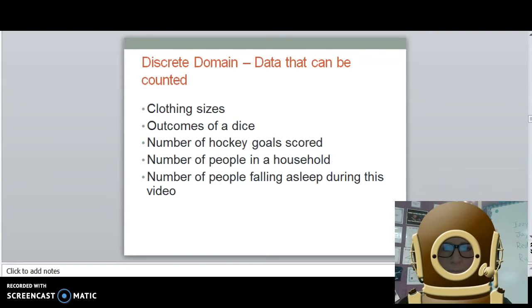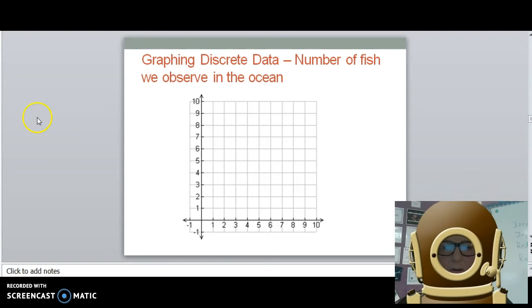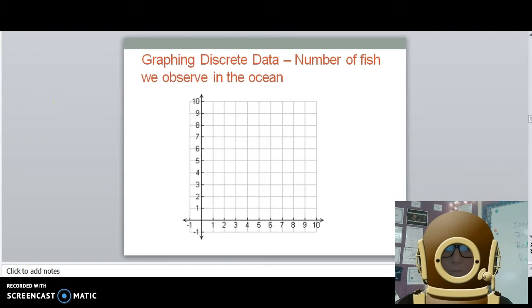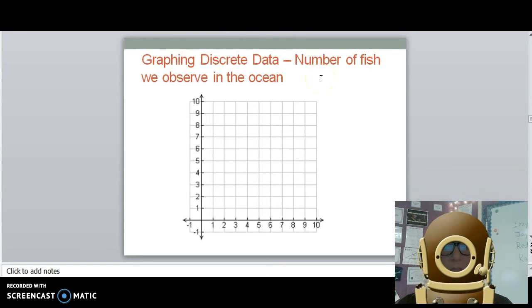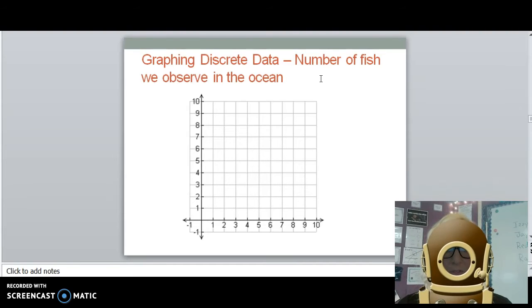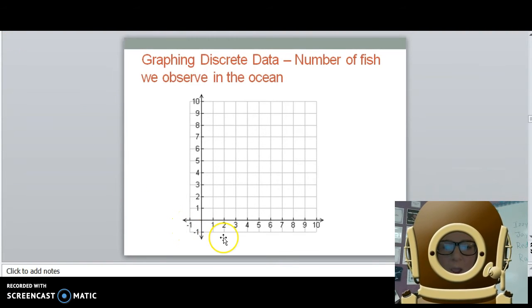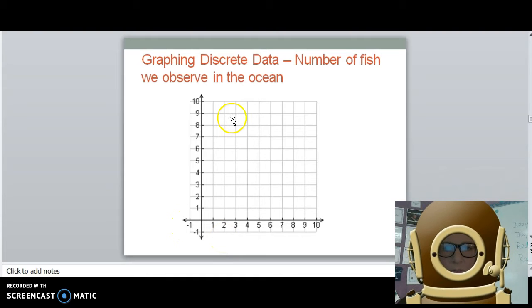Sorry. So let's look at it on a graph point of view. So if I was an oceanographer or a marine biologist down in the ocean and I was observing fish, so for maybe every hour I would keep track of the number of fish that I observed.